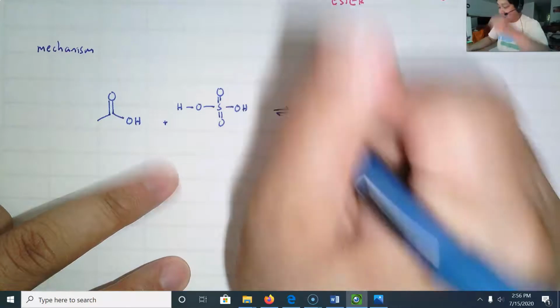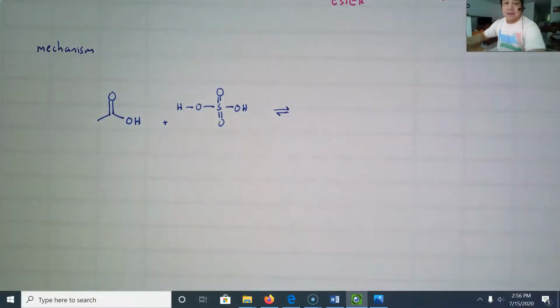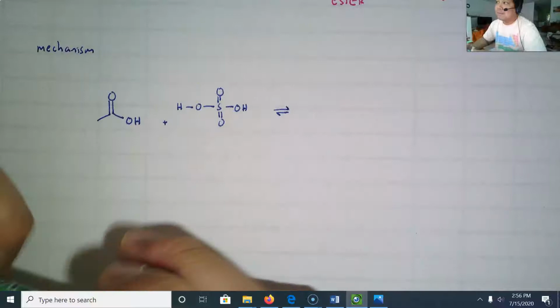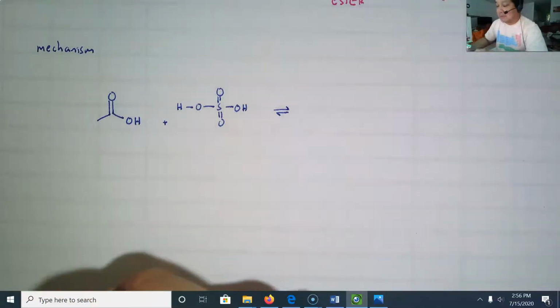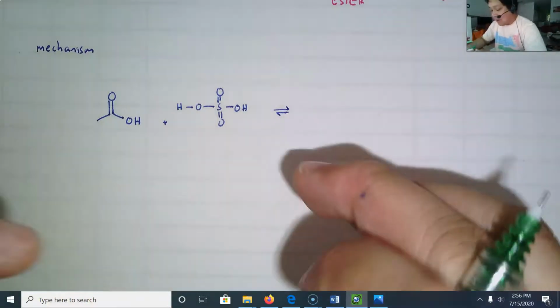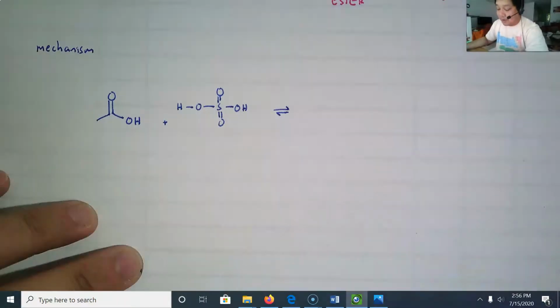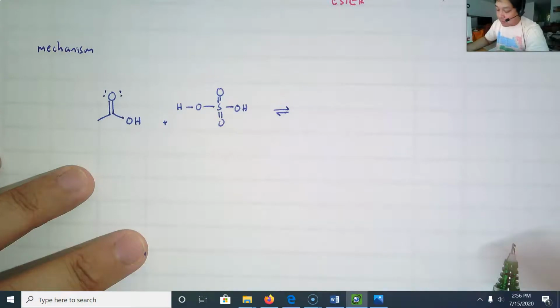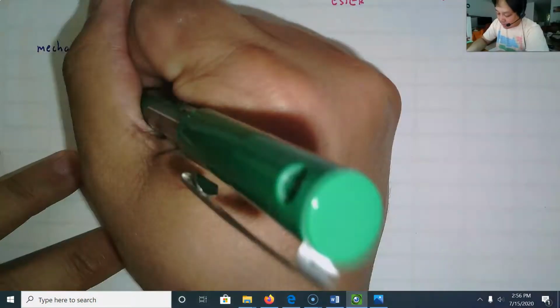I'm going to try to remember some equilibrium arrows. I'm not very consistent with this, but let's say that every proton transfer will have an equilibrium arrow. What are you going to protonate here? You're going to protonate this oxygen.